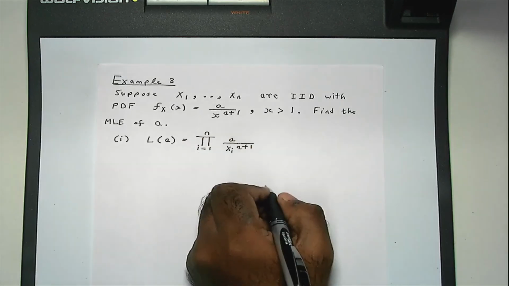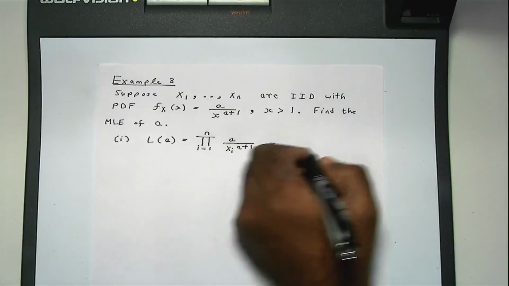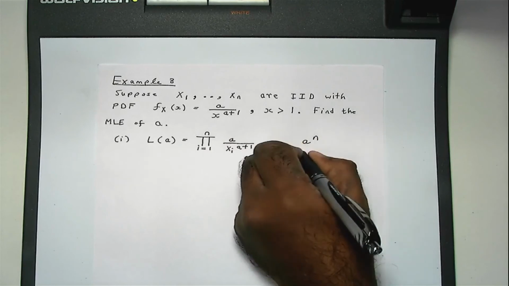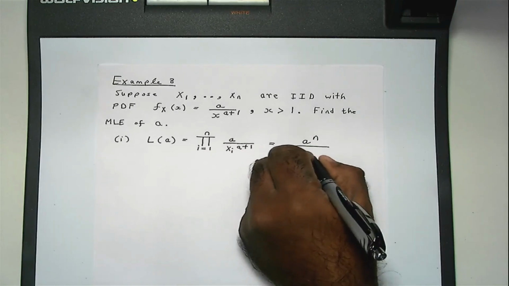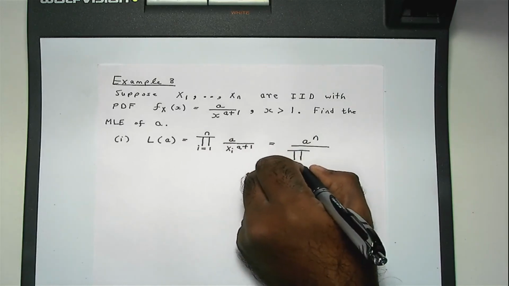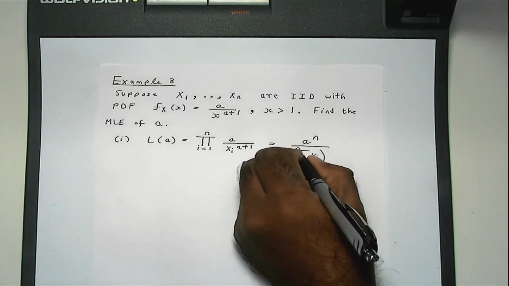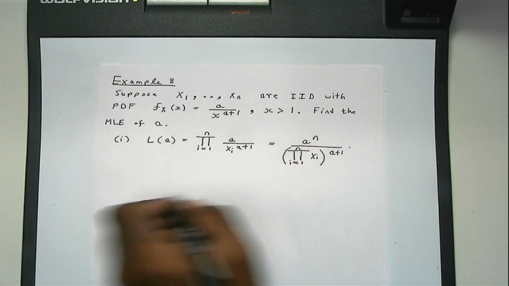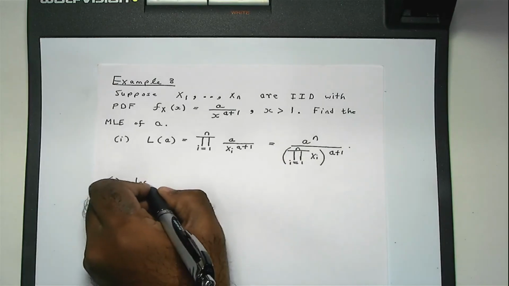Now I take the product of this using the rules I mentioned earlier. This is what you will get. So this is step 1. Step 2 is to take the log of the likelihood function.